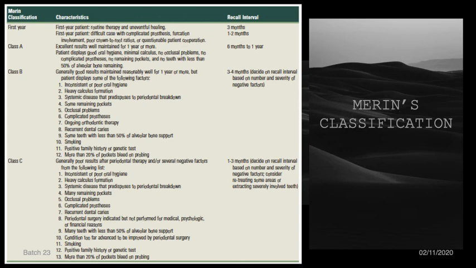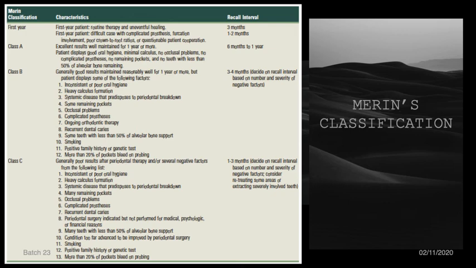Or for example, if you put the patient under class B for reasons like inconsistent poor oral hygiene, and after 3 months you see that the oral hygiene has improved and the patient can maintain good oral hygiene, then you can move the patient to class A. The next maintenance appointment can be pushed to a 6 months interval instead of every 3 months.